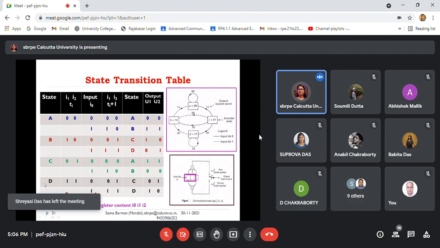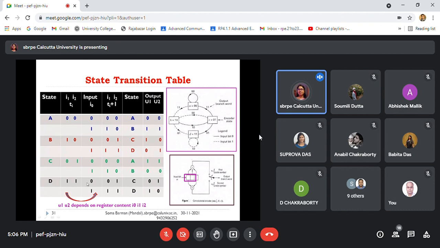Now if I take a D, state D, that state is 1 1, and this is your memory. Suppose now a 0 input is coming, so this 0 will go to the position of I1, and I1 will go to the position of I2.